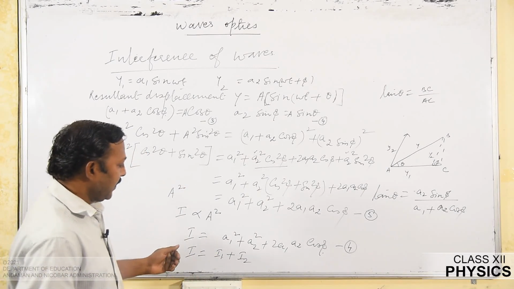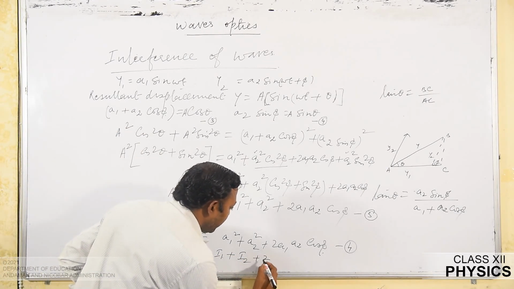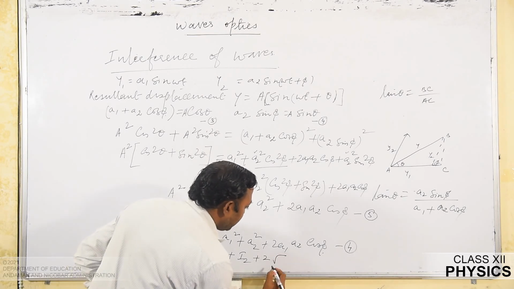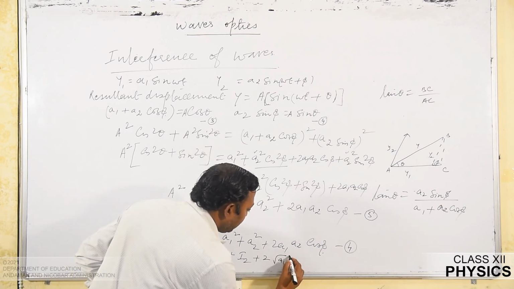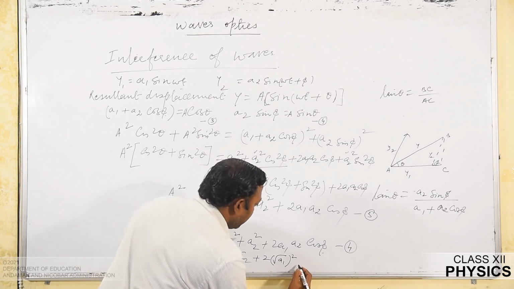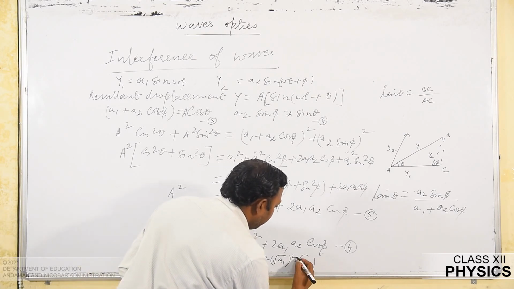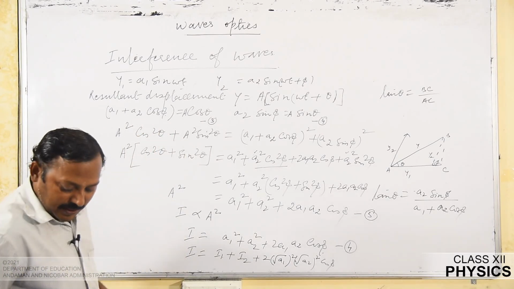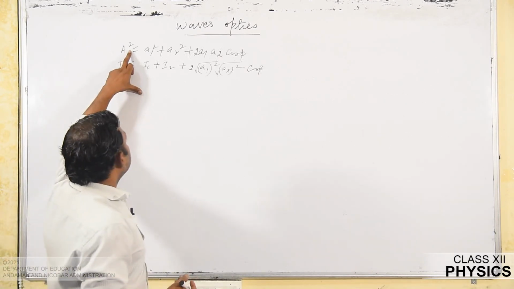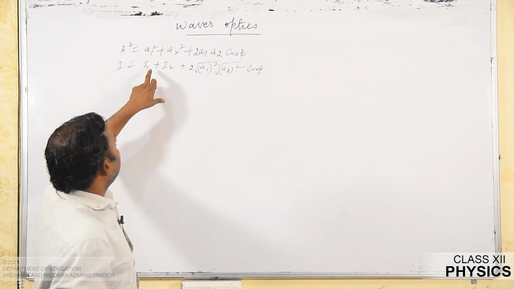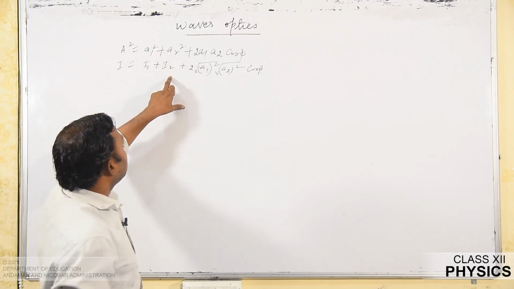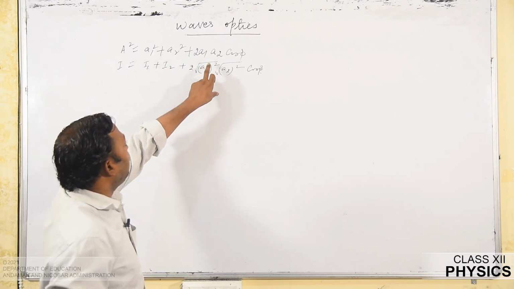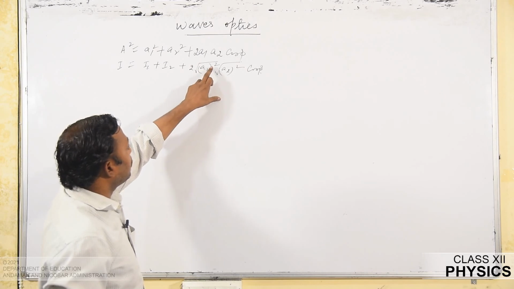So here this can be written as 2 under root a1 whole square, under root a2 whole square, cos phi. Further this can be written as, in place of a square we can write I, in place of a1 square I1, in place of a2 square I2, and then a1 can be written as root of a1 square.